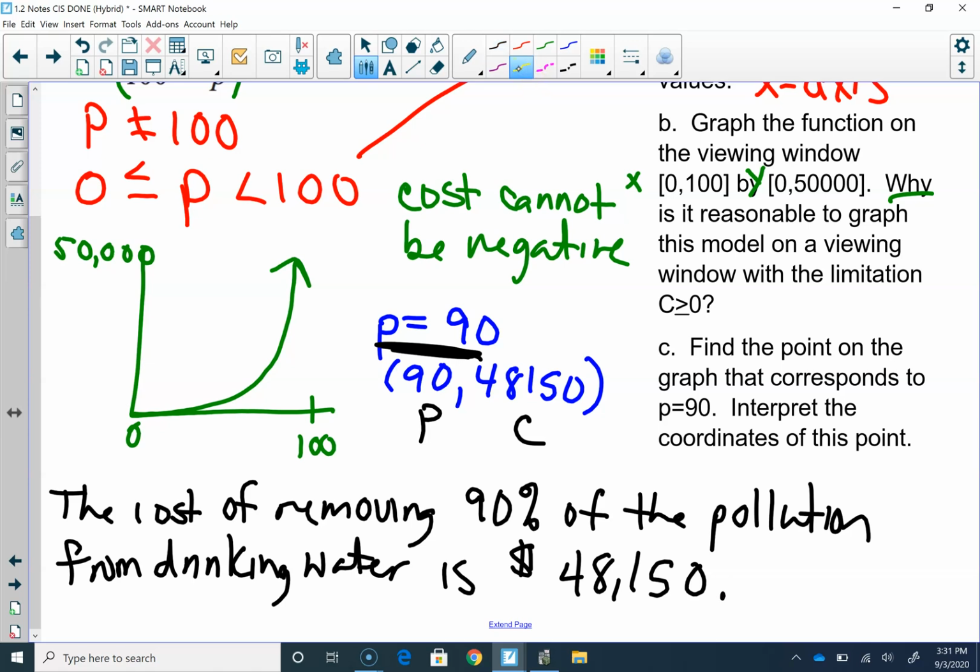Notice in my sentence, I define the 90, what it meant, and I defined the 48,150, what it meant. So just one sentence answers C.